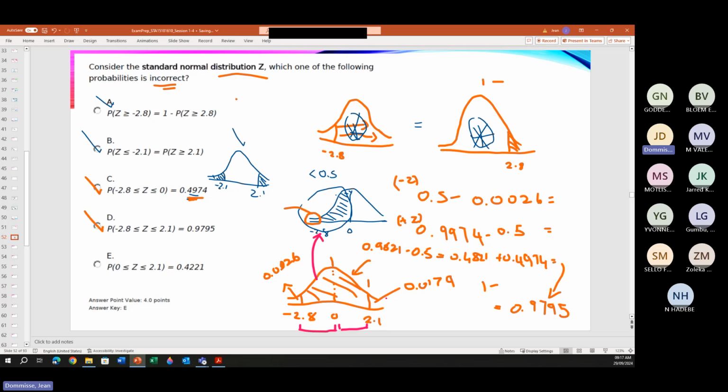Again, up to you what is the easiest for you to work with. And then we actually now have done that second part where we wanted to work out what's the probability between 0 and positive 2.1. It should be 0.4821 and not 0.4221. So that one is the incorrect one.